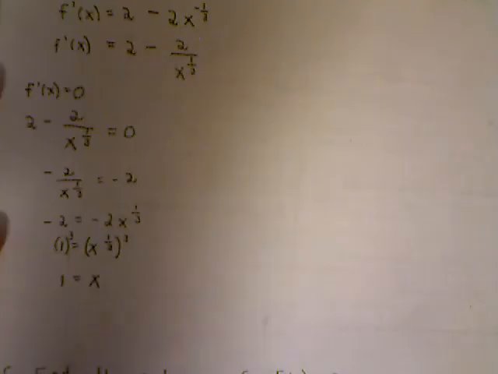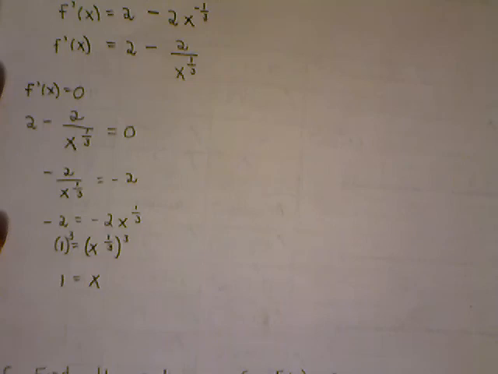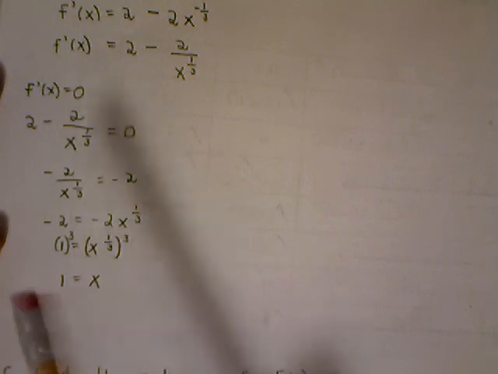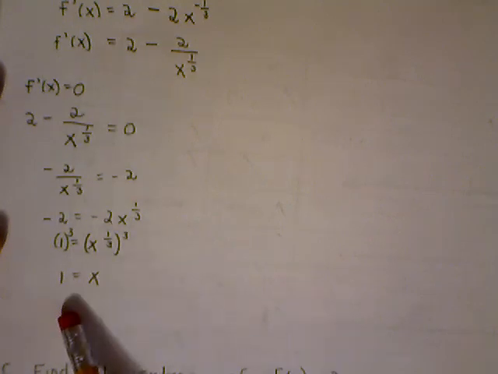Now, this is where we have to use some of our prior knowledge. So I found where the derivative equals 0. That's x equals 1. Now, I also have to consider where the derivative doesn't exist.